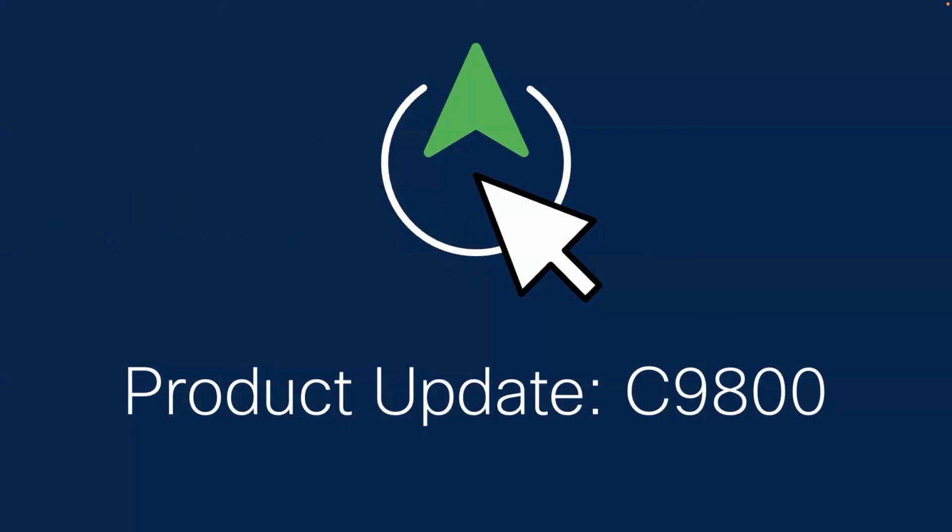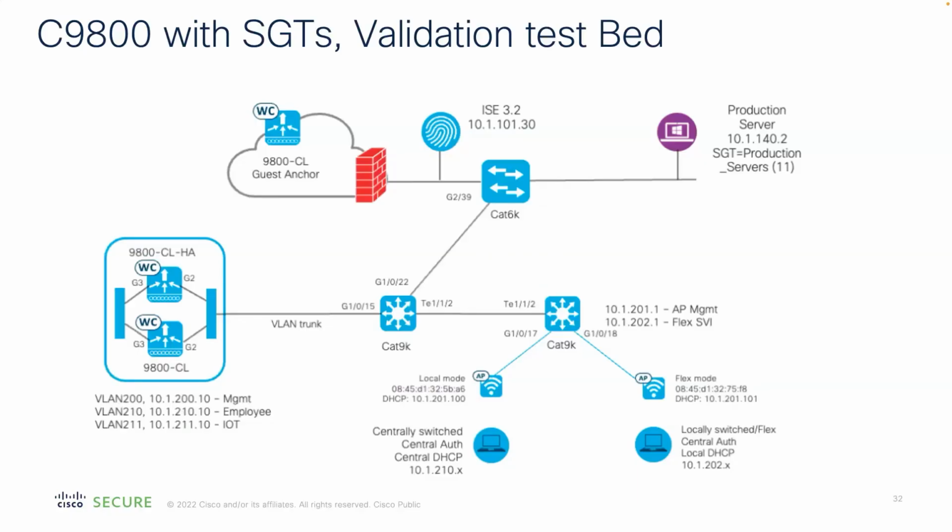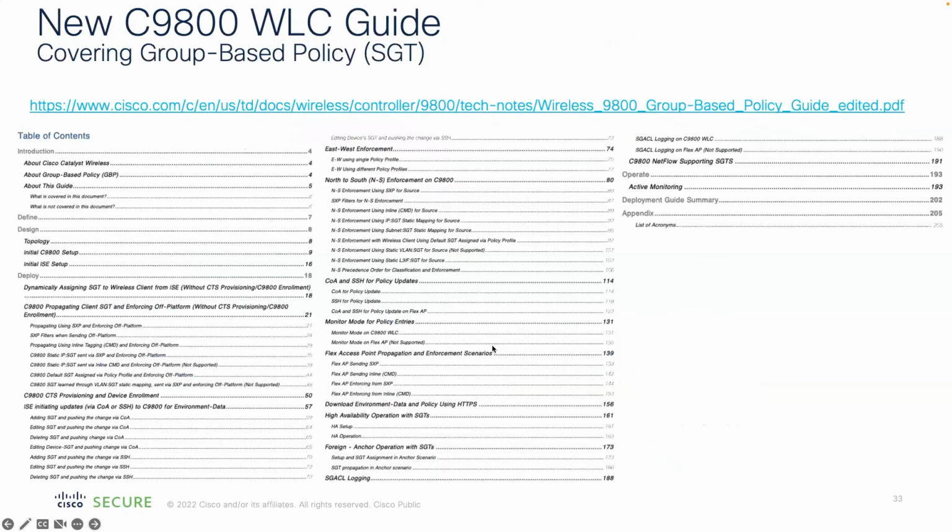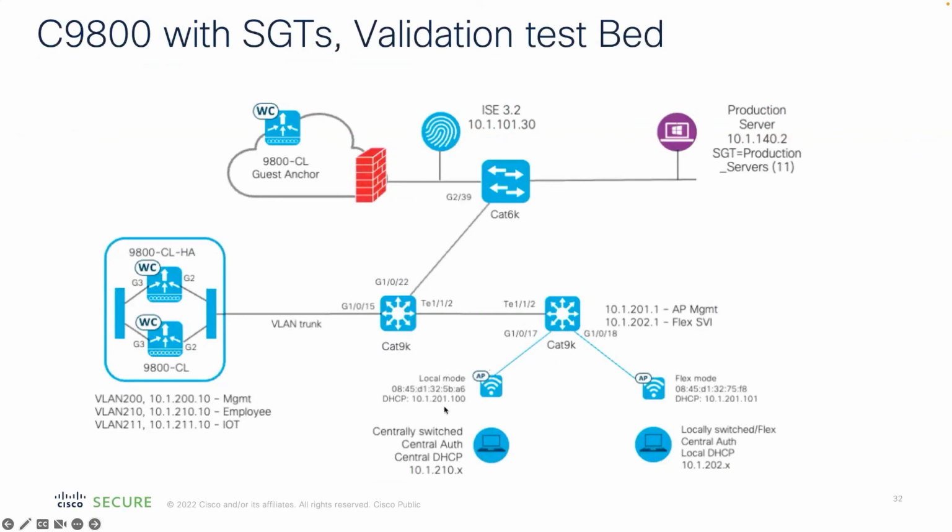And lastly, just wanted to update you on a document that has been written on the 9800. So this wasn't really documented that well in the past and fully tested solution-wise. So we took the 9800, we created high availability instances, we created a guest anchor, we had APs with local mode, so that's central switching, and also flex mode.